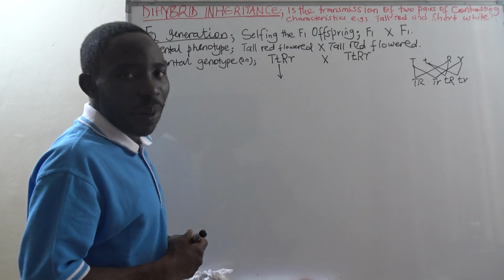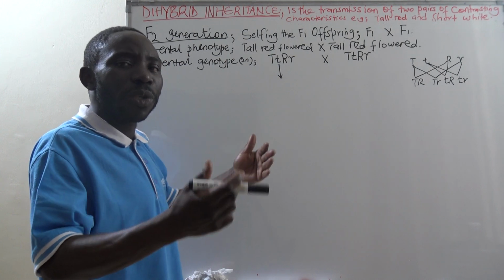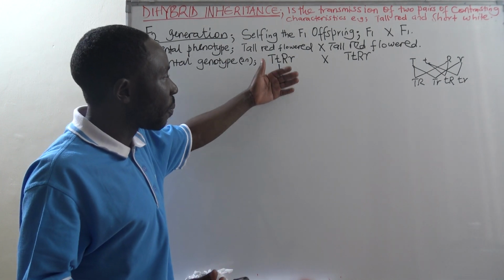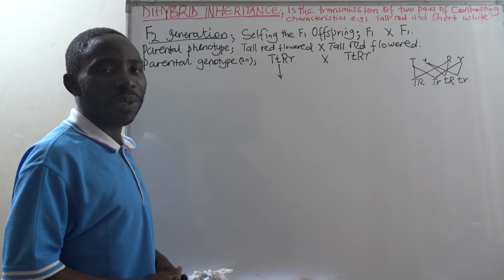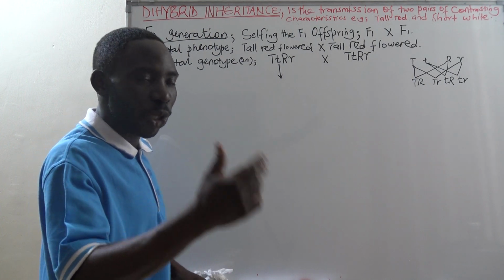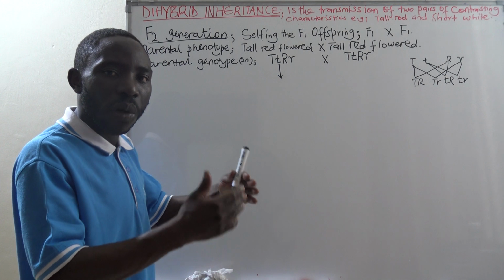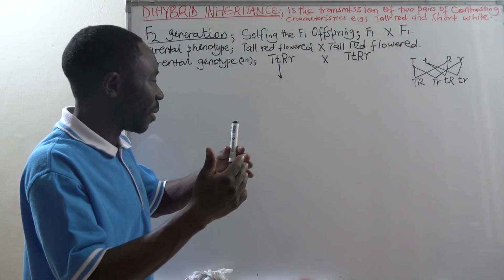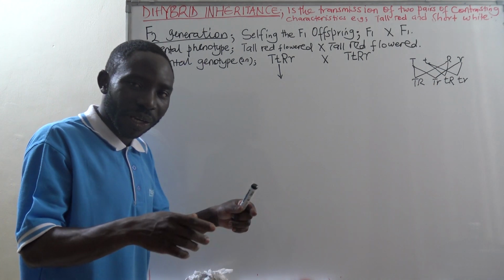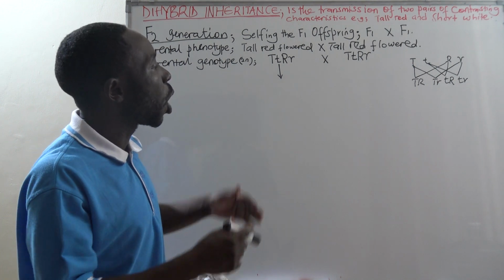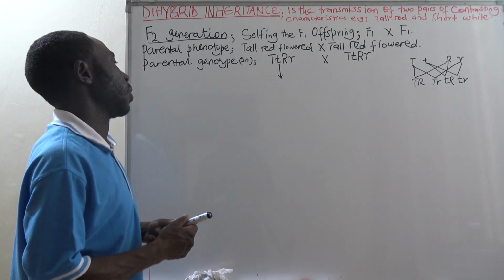Now, having written down the genes as shown on the board, what follows is separation of the genes, also called segregation of the genes, followed by independent assortment, rearrangement of the genes to form new allele combinations.